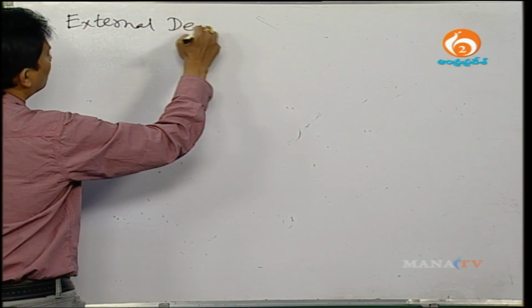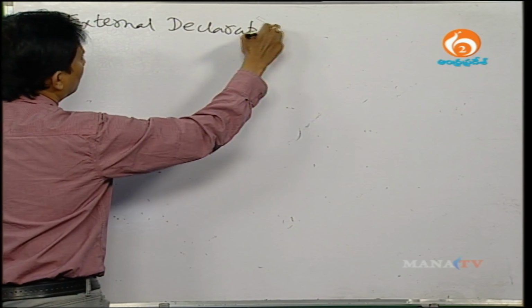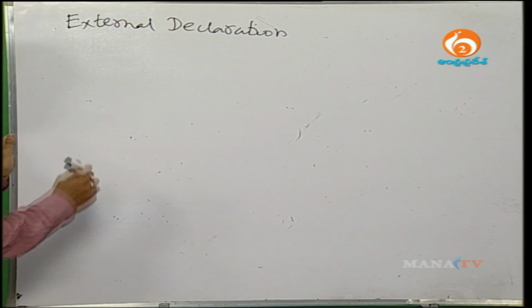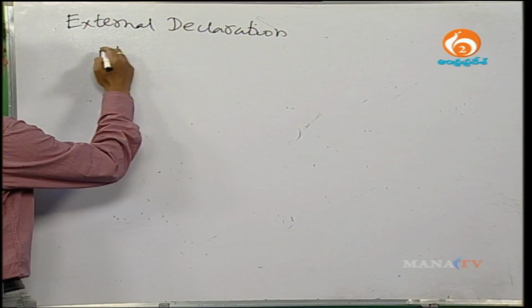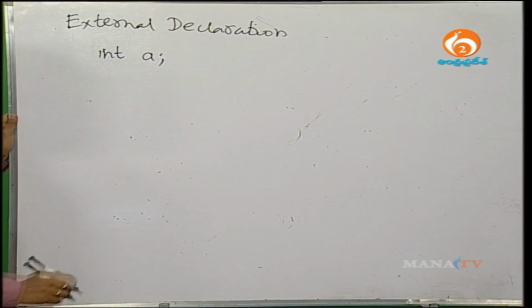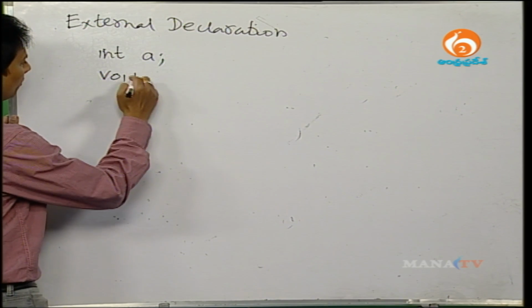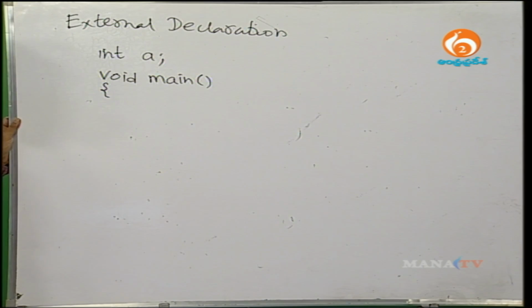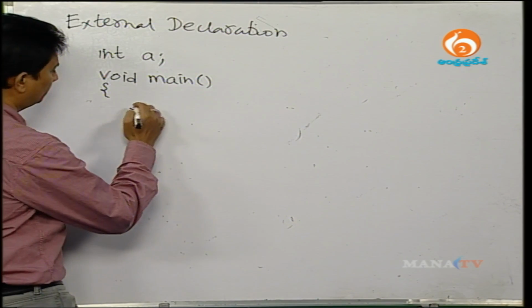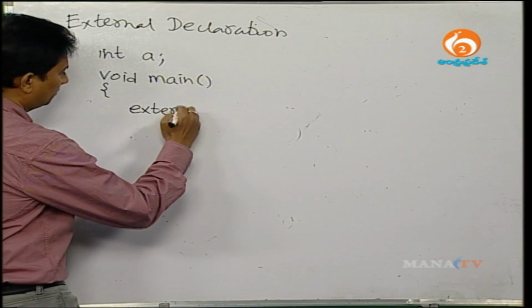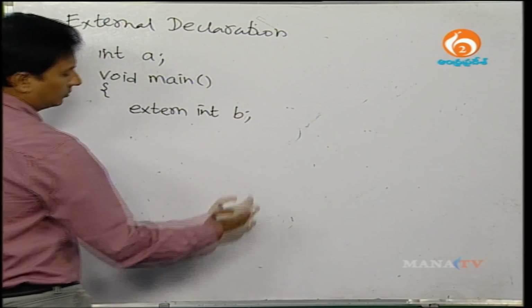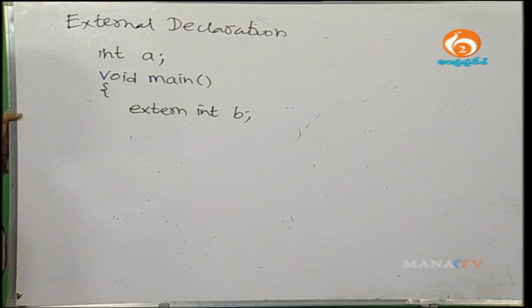External declaration, int a semicolon, void main, extern int b. This is nothing but an external declaration.